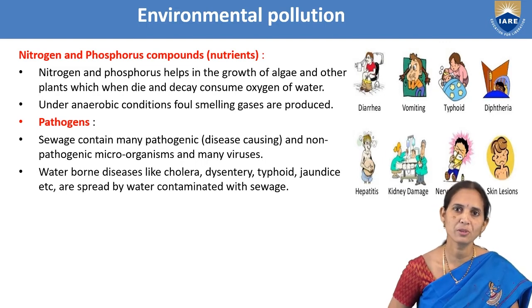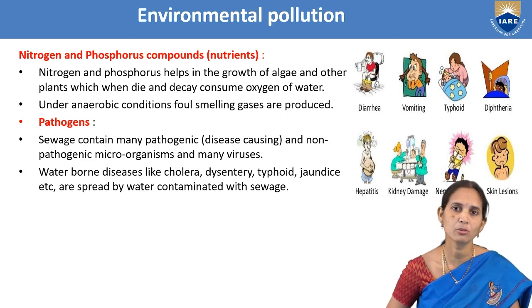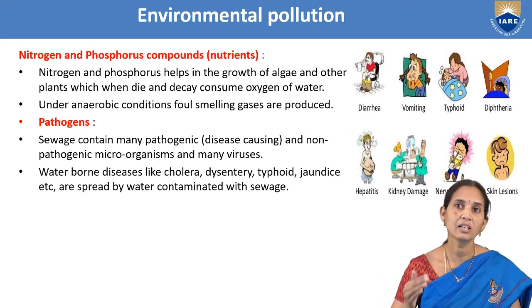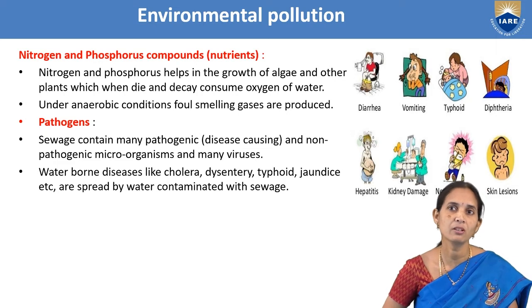When they enter the water bodies, the river water, they help in the growth of algae and other plants in the water. When the algae and other plants die and decay, they consume the oxygen of the water, decreasing the DO level.